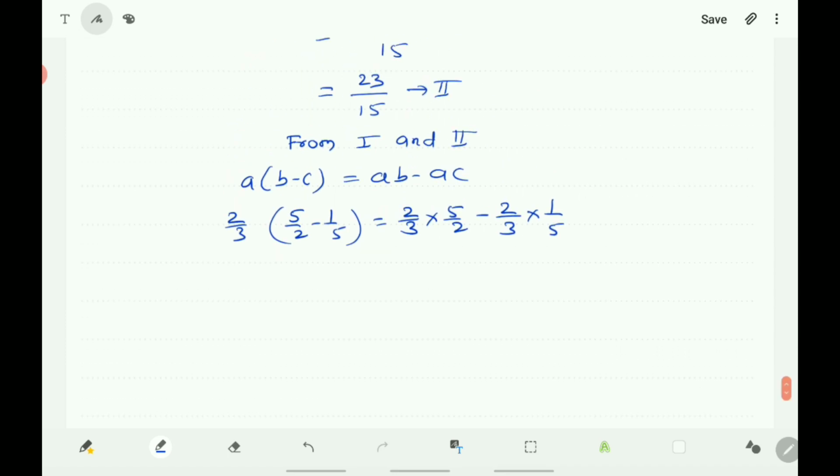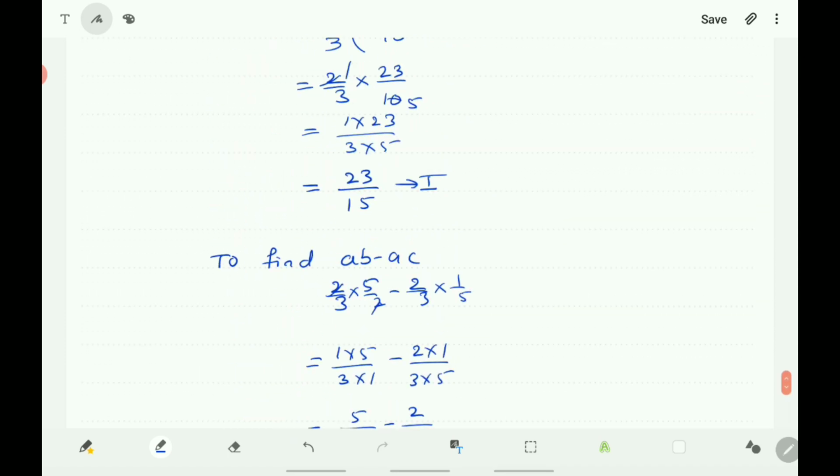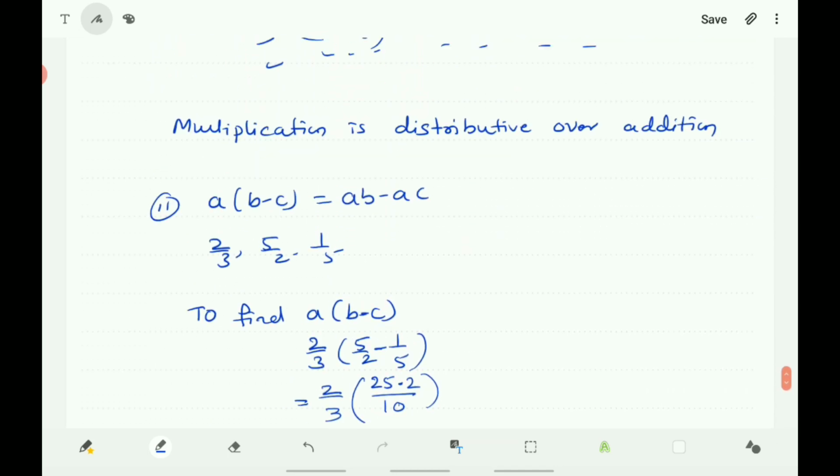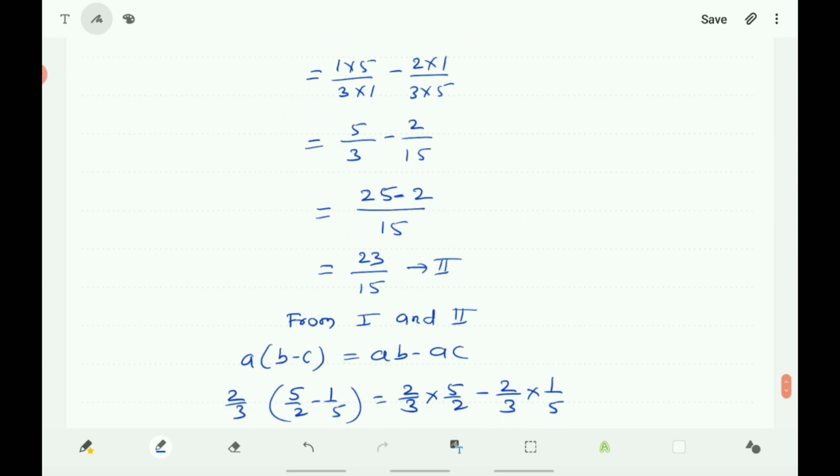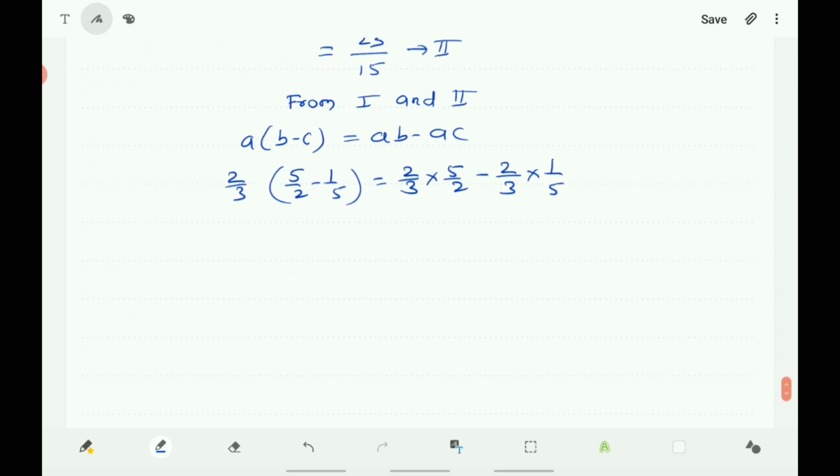So you can conclude that multiplication is distributive over subtraction also. That is, A into B minus C is equal to AB minus AC. Multiplication is distributive over subtraction. That is for all rational numbers. It means that it is for all natural numbers and also for integers.